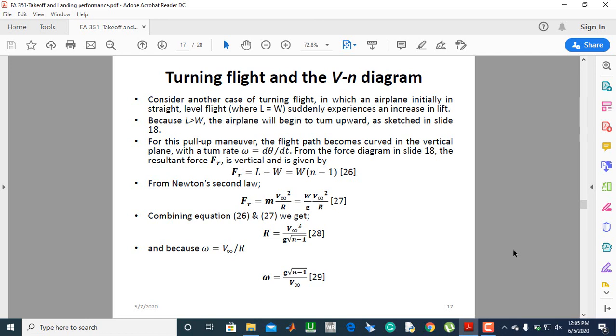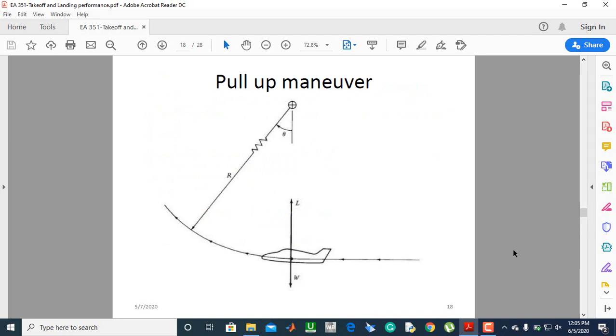If we consider another case of turning flight in which the aircraft initially is in a straight level flight, and suddenly there is an increase in lift, like this sketch. This is known as a pull-up maneuver, but it's also under the turn radius. So this aircraft is in this level and steady flight.